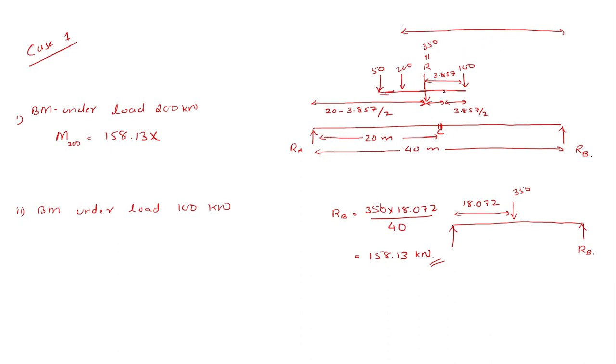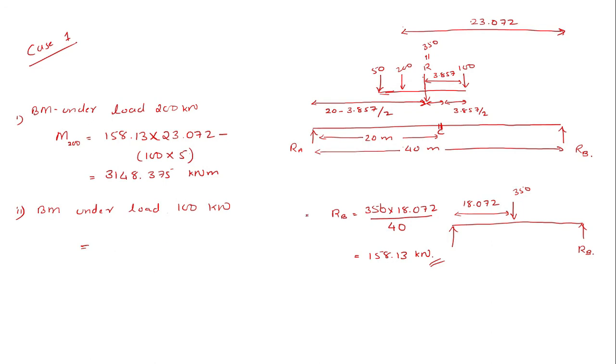Now you see you have the center at 20 meters plus 3.857 divided by 2, that is 23.072, so into 23.072, minus the load 100 into its distance from 200, that is 5. That will give me an answer of 3148.375 kilonewton meter.